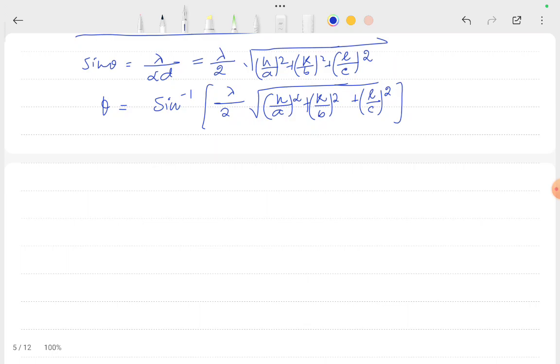I can change the a value, the b value, the c value. It's the experiment part. Just try to understand what I actually want to do.